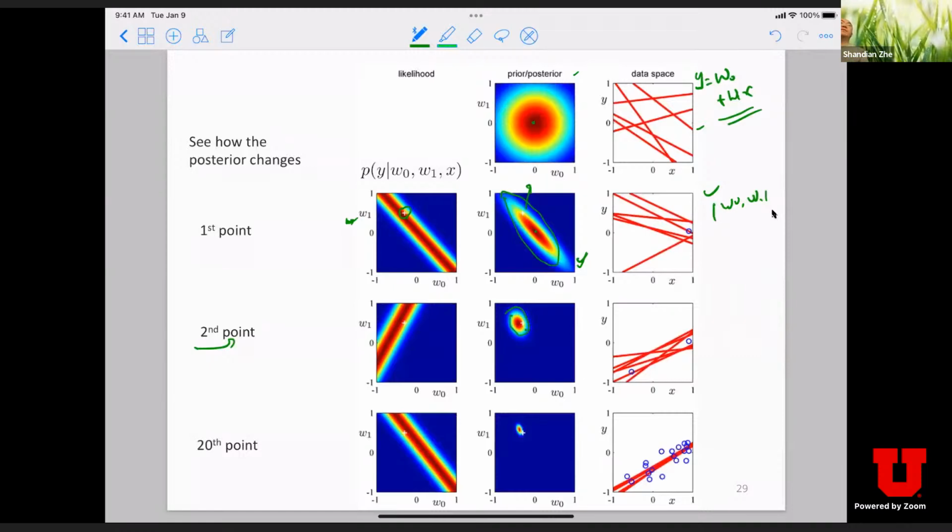That means I have integrated more data information, so my estimation is getting even better. At the same time, my uncertainty about those model parameters W0, W1 is further reduced. Does it make sense?